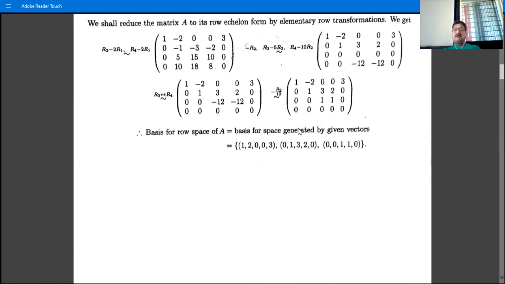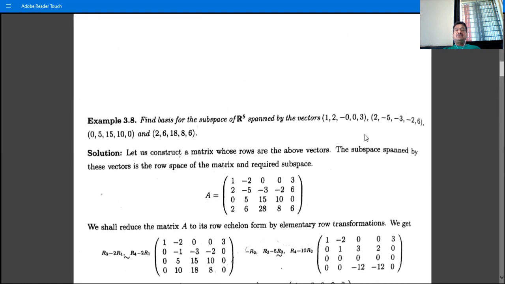So write in curly brackets: the first row as the first vector, (1, 2, 0, 3), the second row as the second vector, (0, 1, 3, 2), and the third row as the third vector, (0, 0, 1, 1, 0). These three non-zero rows are the basis for the row space of A, and this is the basis for the subspace generated or spanned by the given four vectors.